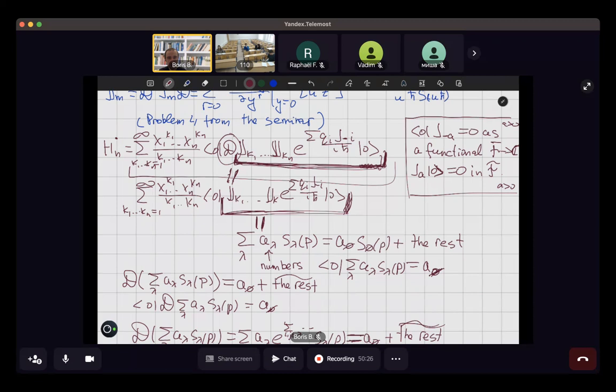And I hope it should be clear that we have this denominator from here, and I think this q is this q, and what else do we have?